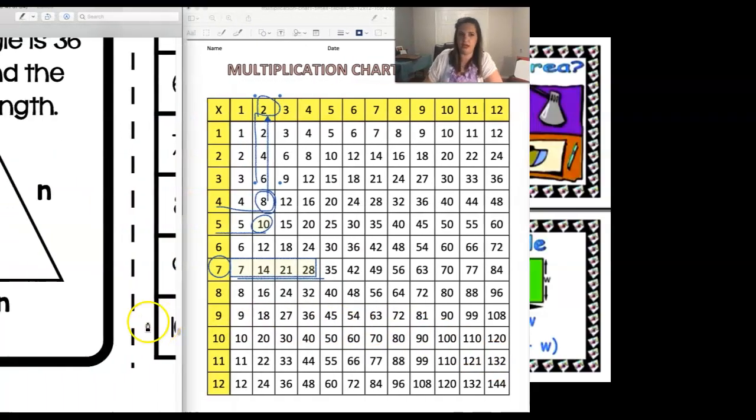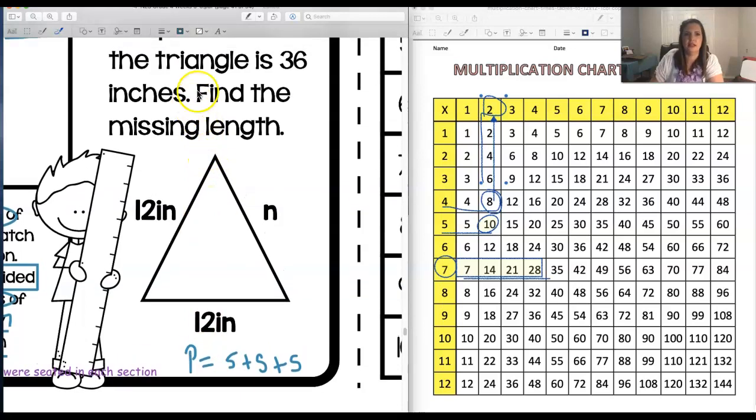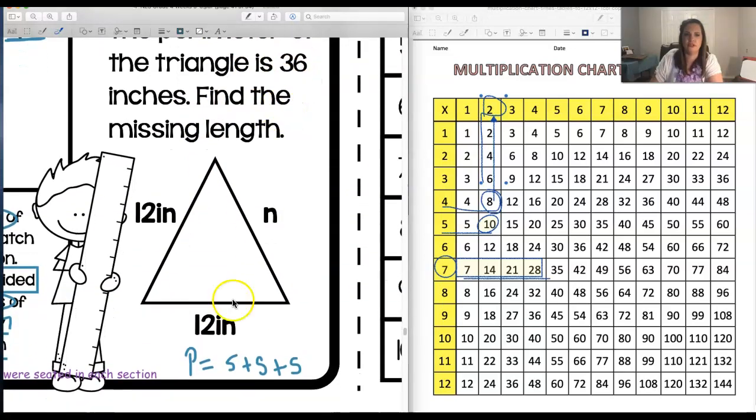Well, in order to do that, you need to remember that perimeter, the way we find it is by adding up all the sides. Since I'm doing a triangle, then I have 3 sides to add up, right? Side plus side plus side. It says that the perimeter is 36 inches.